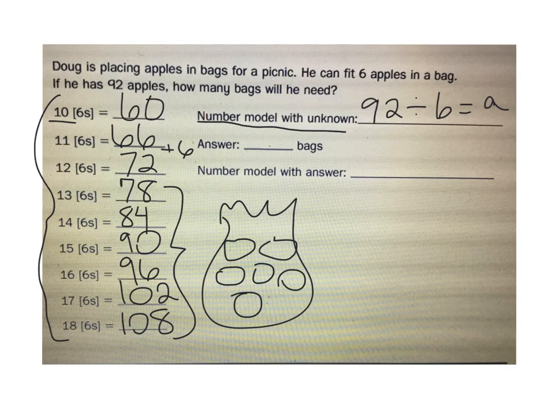Now if I look back at my multiples over here on the side, you'll see 92 doesn't really fit as a perfect multiple. So I have to find something close to that. But if I choose 90, that means there will be apples that are sitting and left out. So I can't have only 15 bags because 2 apples will be left out.